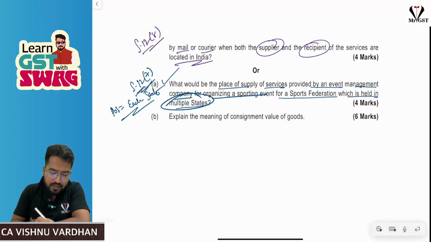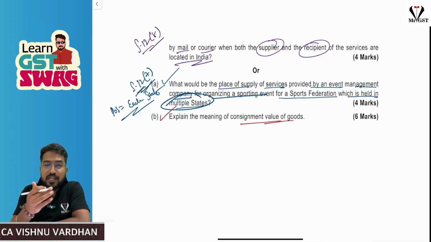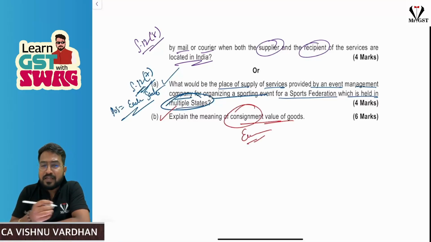And next, finally, explain the meaning of consignment value of goods. Consignment value of goods, we have seen this in the e-way bill concept, if you remember. If the consignment value exceeds 50,000, we should generate an e-way bill, it is mandatory. So there they have given the e-way bill meaning.